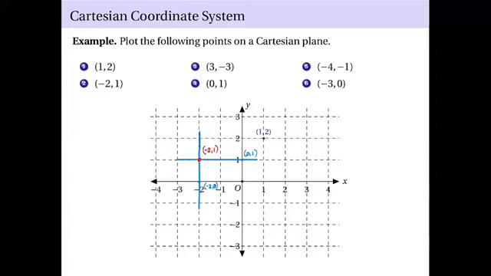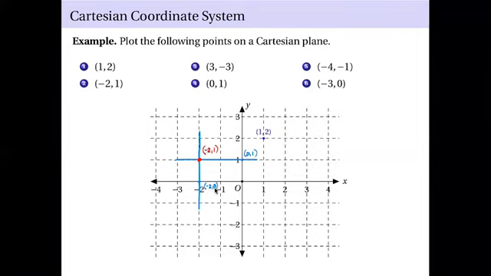We had -2, 0. So -2 is the x, and then 0 is the y.